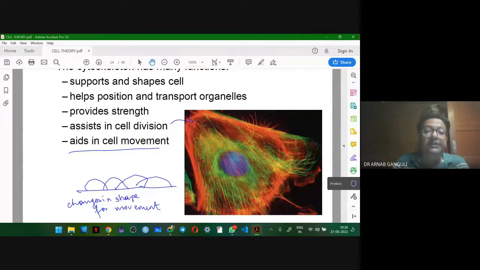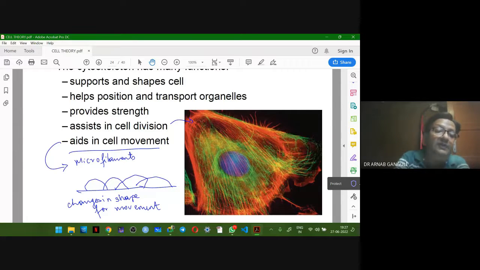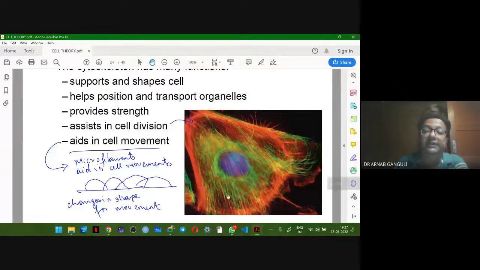So microfilaments aid in cell movements.